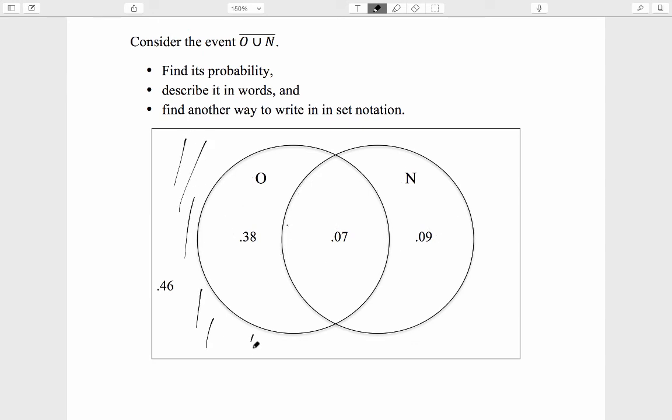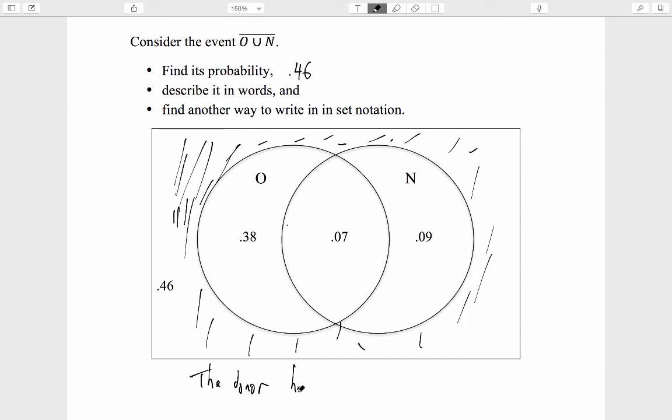Everything else means just the outside region, and we've already computed its probability, namely 0.46. How do we describe this event in words? This is where it's very helpful to have drawn and shaded the Venn diagram, instead of trying to write the verbal description directly from the set notation. We see from the shaded Venn diagram that this is the event that the donor has neither type O nor a negative blood type.